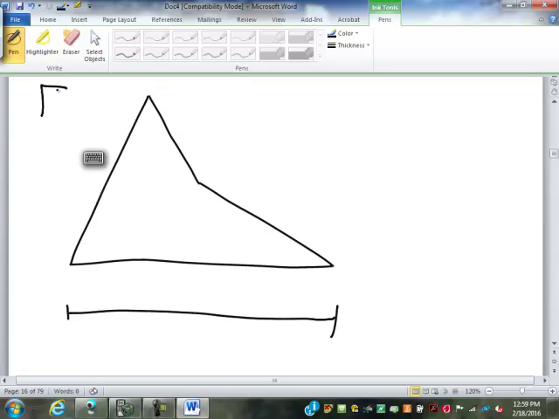So let's say that we have a 12-12 slope here, 12-12 slope there, and let's go with a 6-12 slope here.